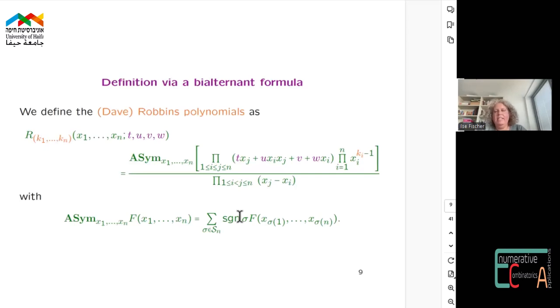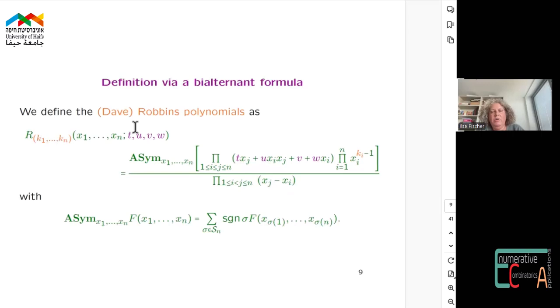Then I divide it by the smallest antisymmetric function that is non-zero, which is this here. It is very easy to see that every antisymmetric function has to be divisible by this Vandermonde product. If I divide an antisymmetric function by an antisymmetric function, then it will be a symmetric function, so it's invariant under the action of the symmetric group. Okay, so that's the definition.